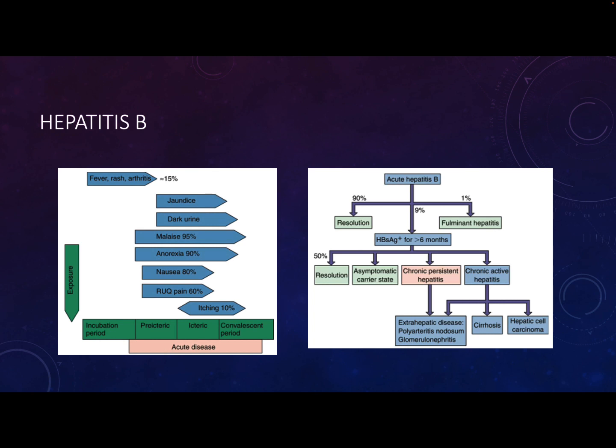Some of them will have persistent hepatitis, and some of them will have active hepatitis. And the active is where we worry about cirrhosis and carcinoma. It's a really rare progression of the disease, but it is a possible progression, especially in your patients who have defects in T-cell mediated immunity. So it's definitely something to look out for.